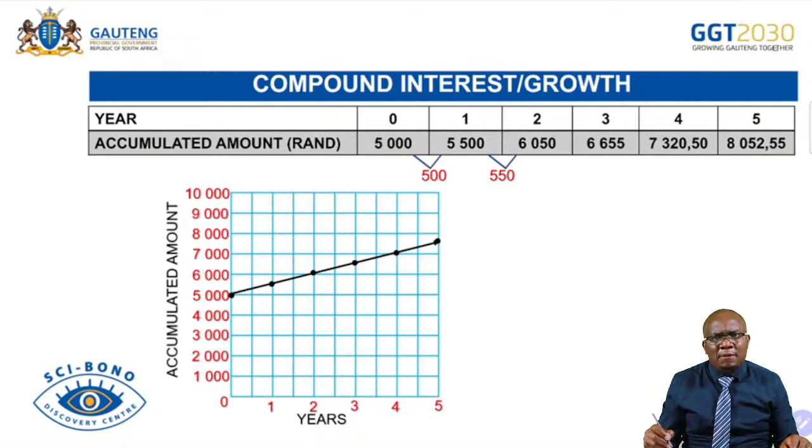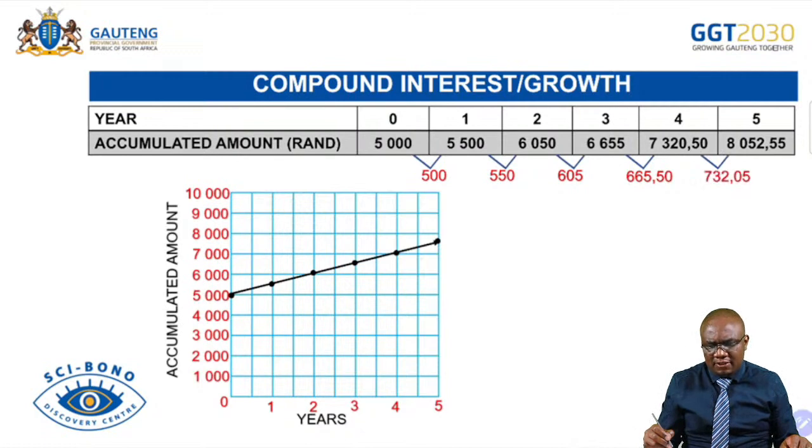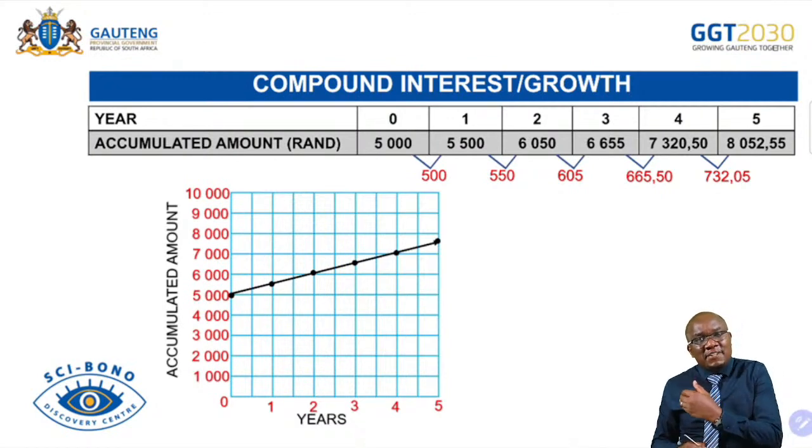Next one, is it going to go up? You see, 605. It's going up. The interest is changing. It's going up. 665 Rand 50. See that? It's going up. 732 Rand 5. You see that? But for simple interest, remember we were getting 500, 500, 500, 500, 500.